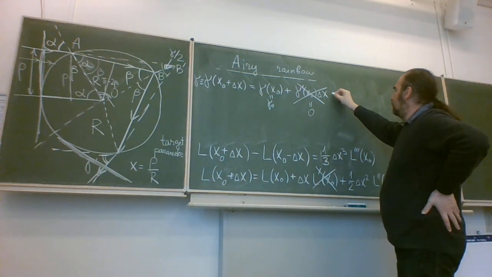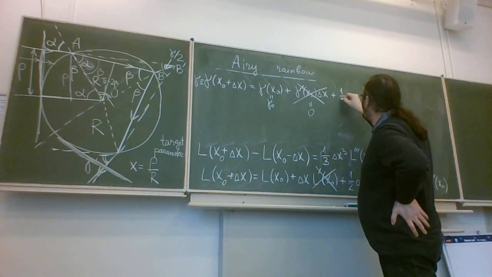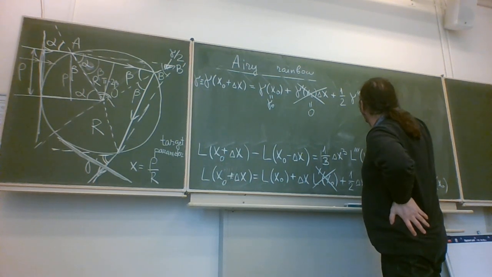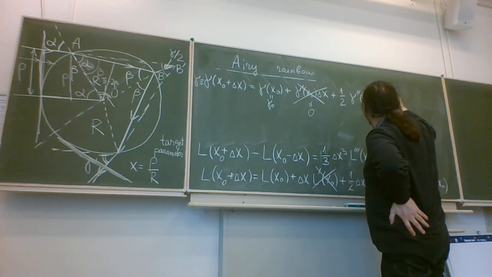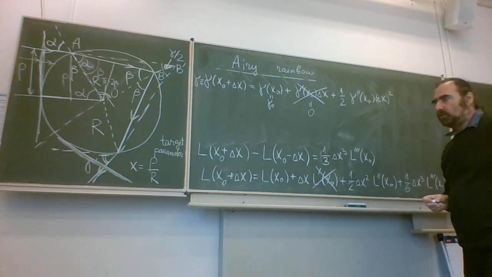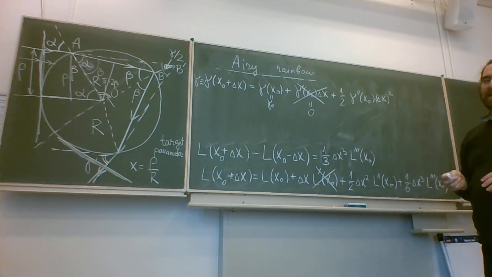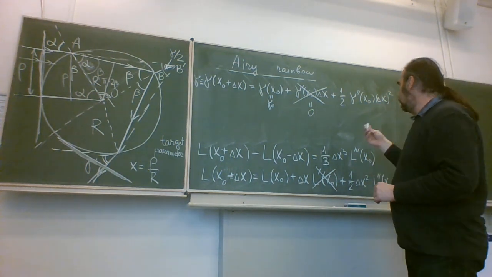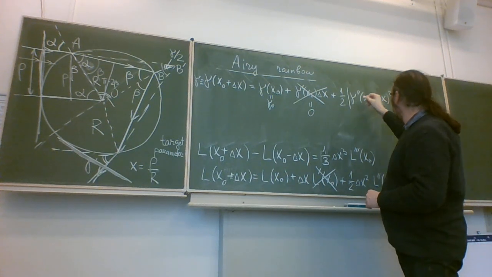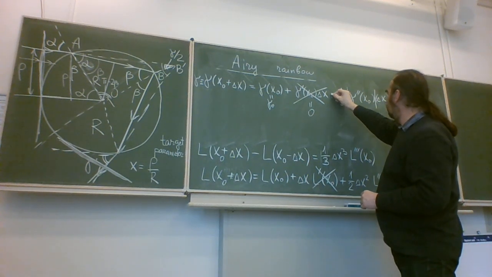And then I need the next term, which is 1/2 gamma double prime of x naught delta x squared. But I know it's a maximum, so I know that the second derivative is negative. And let me just take it up front into account. I will just write the absolute value and put here minus.